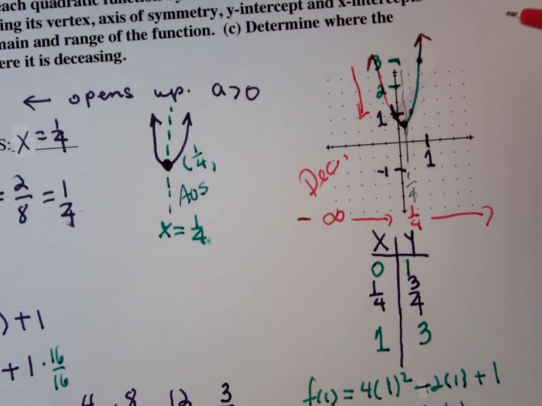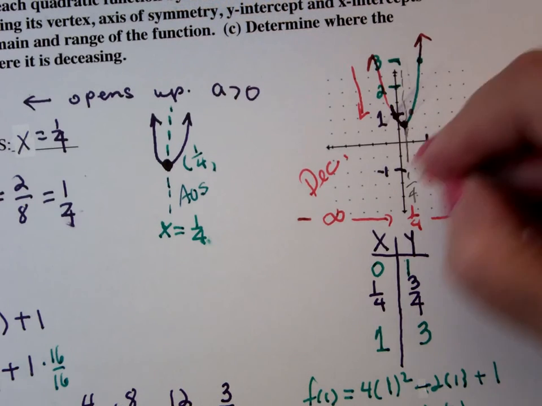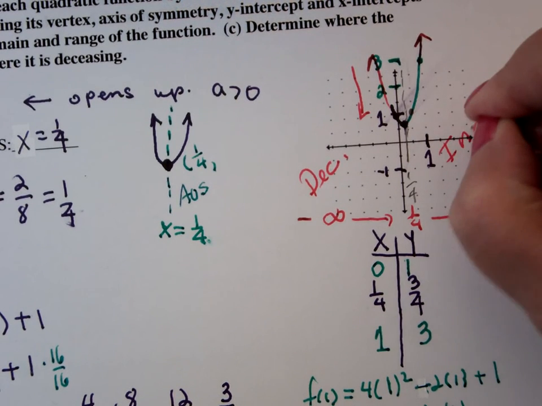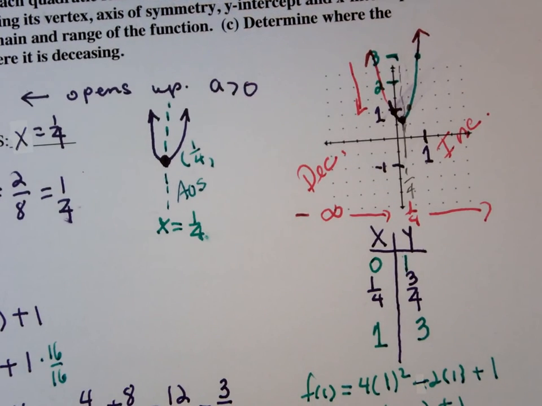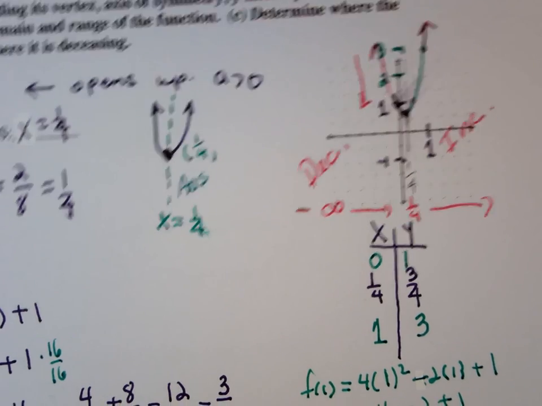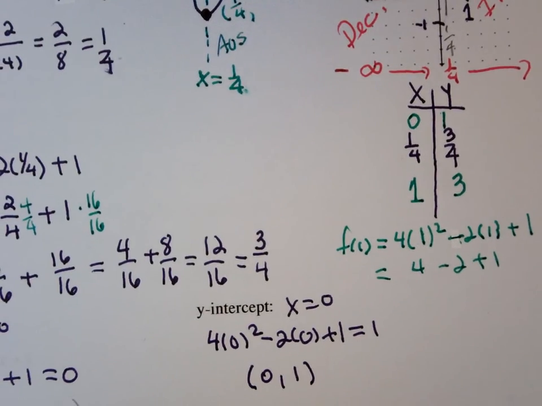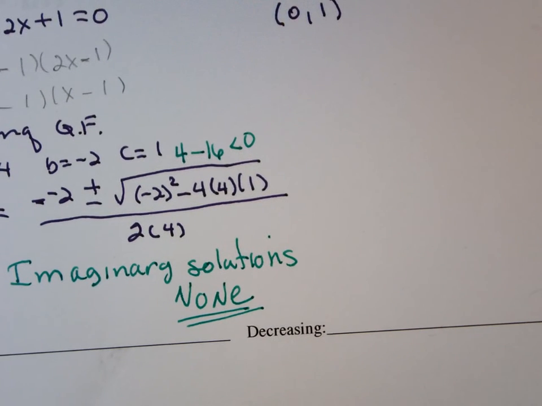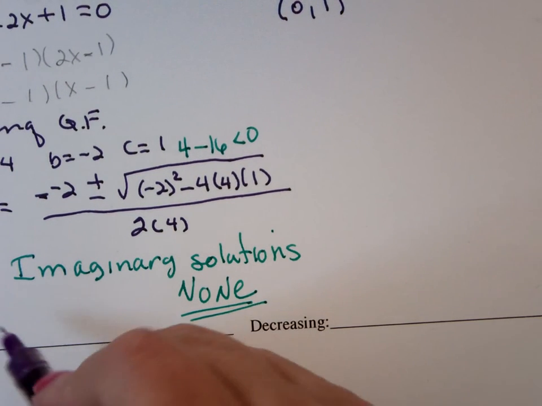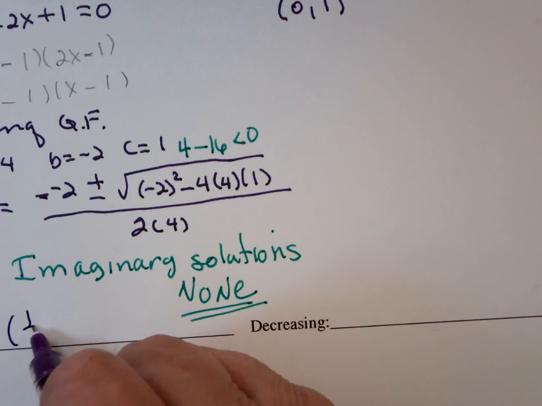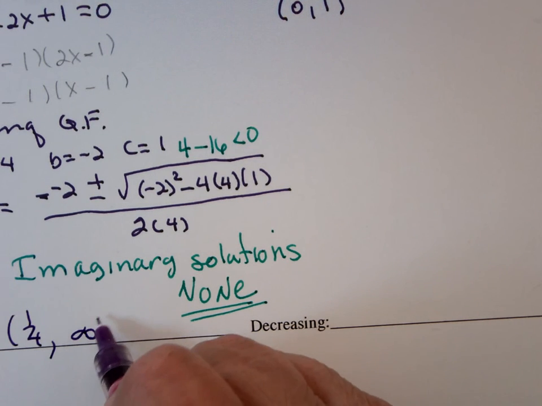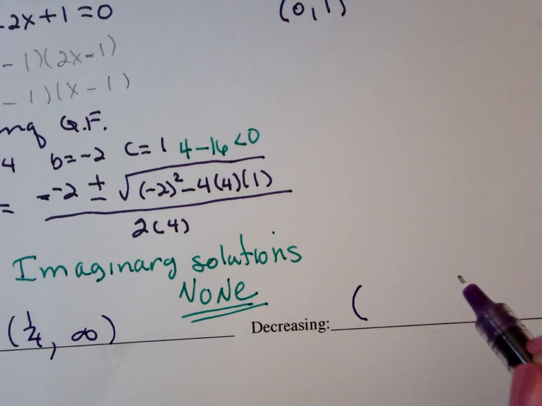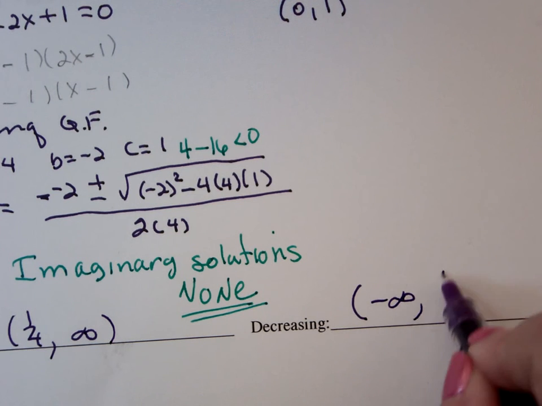When I say the graph, I mean the y value. I have increasing. So then to answer the question all the way down at the bottom of the page, it's increasing from 1/4 to infinity and decreasing from minus infinity to 1/4.